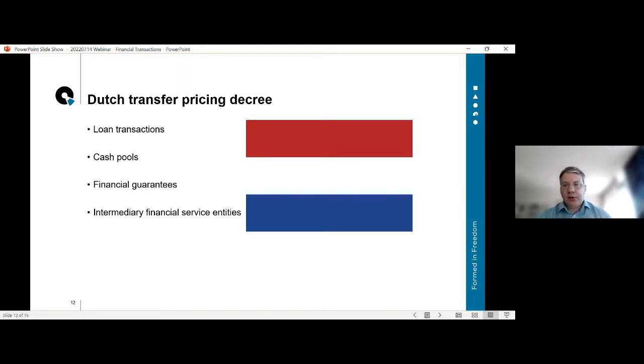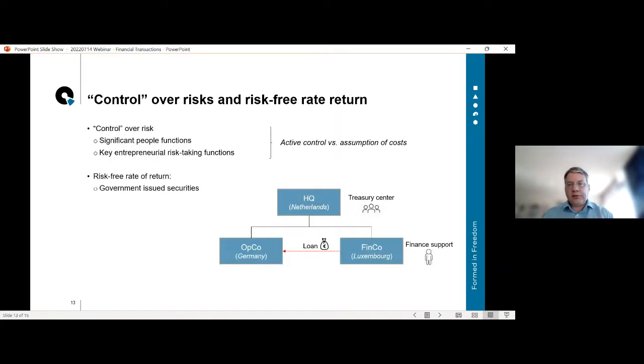As far as control over risk, maybe we can have the next slide, please. As far as control over risk is concerned, you should have a look at who is doing what and who is able to exercise influence and take a decision on whether you are going to take the risk.